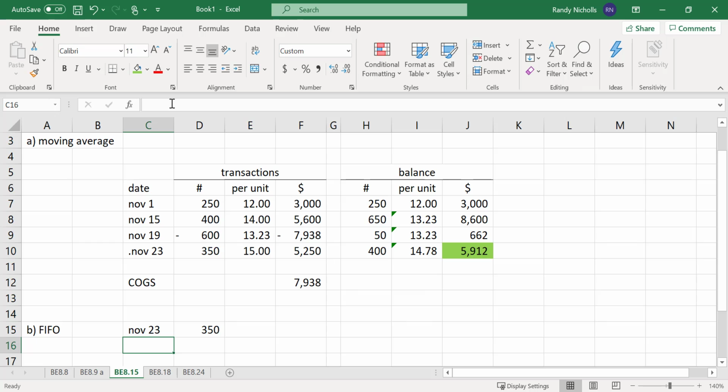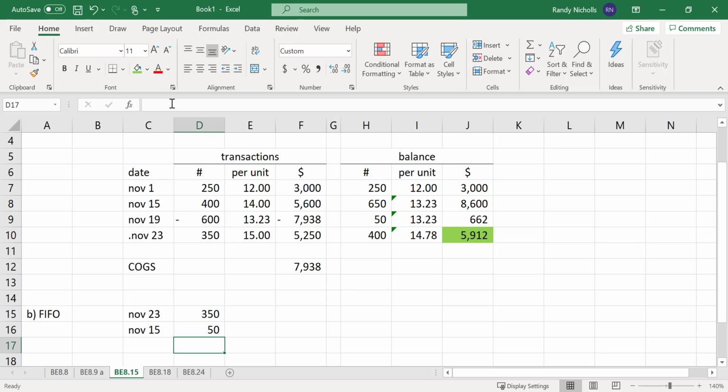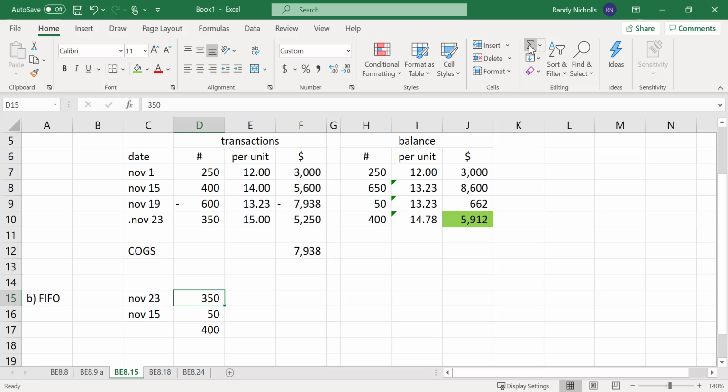And then I go back to the purchase before that, which was November 15th, and the other 50 must be from there, right? So I'm figuring out the 400 units that I have in inventory, right? Because I've calculated that balance here. 350 of them are the $15 ones. The other 50 of them are the $14 ones.